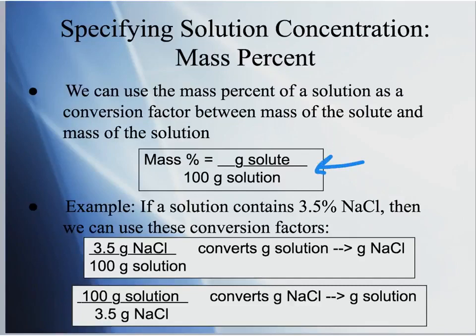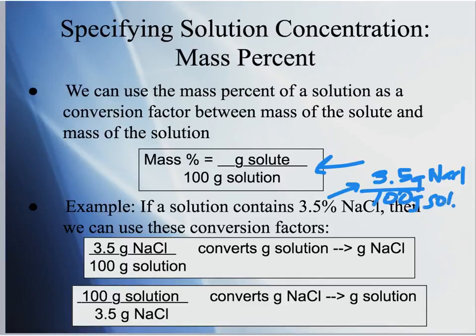Here's an example. If a solution contains 3.5% sodium chloride, then we can use that as a conversion factor. Basically, what that means is that you've got 3.5 over 100, right? So 3.5 grams of NaCl over 100 grams of the whole solution.